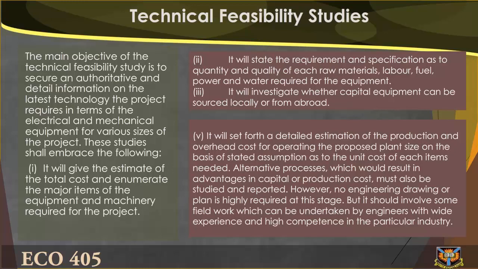It will give the estimate of the total cost and enumerate the major items of the equipment and machinery required for the project. 2. It will state the requirement and specification as to the quantity and quality of each raw material, labor, fuel, power, and water requirement for the equipment.